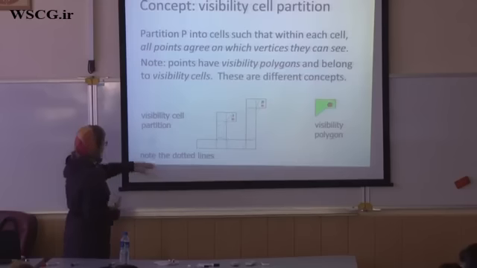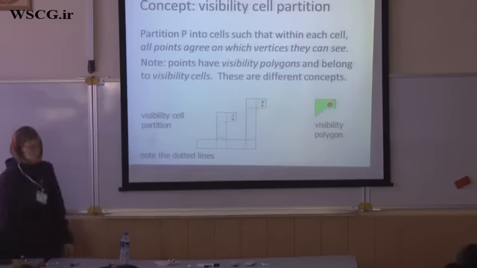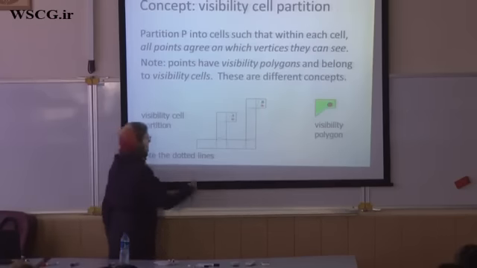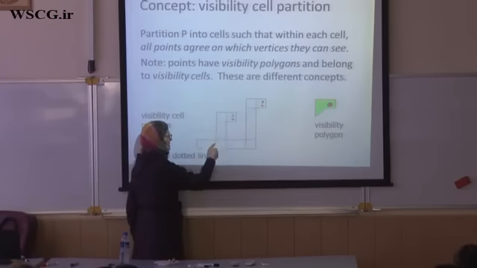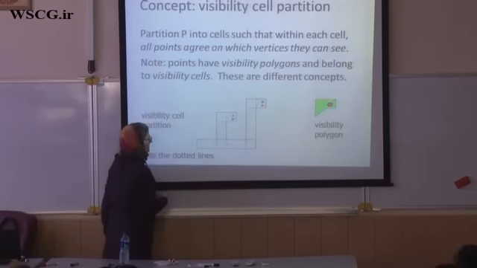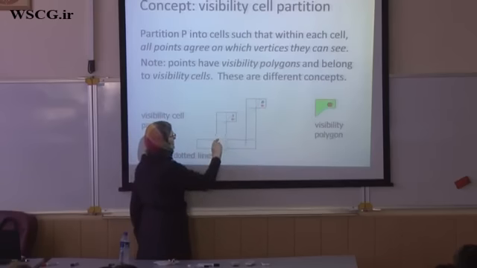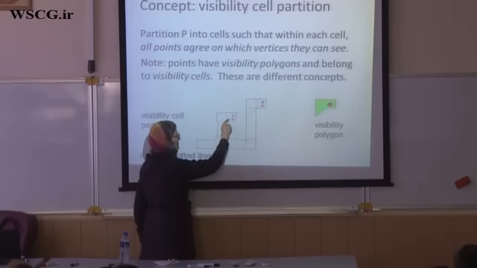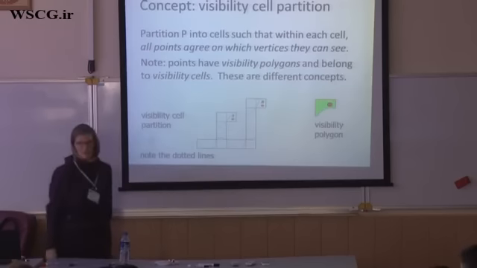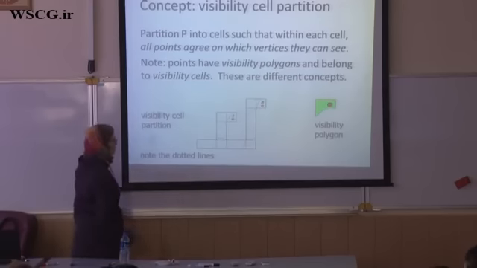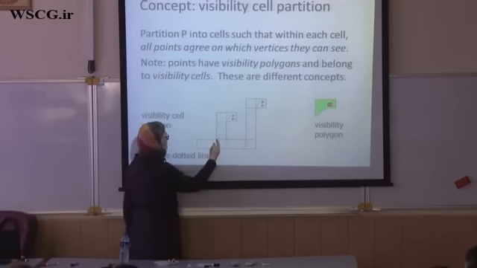So in order to generate the visibility cell partition, what I need to do is draw in the lines, the edges, that are generated by the reflex vertices being able to line up with the other vertices in the polygon. So here, this dotted line is coming from this and this. If I cross this line, now I can see this vertex.